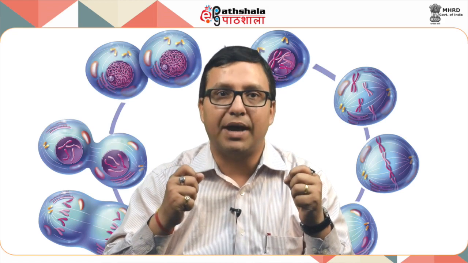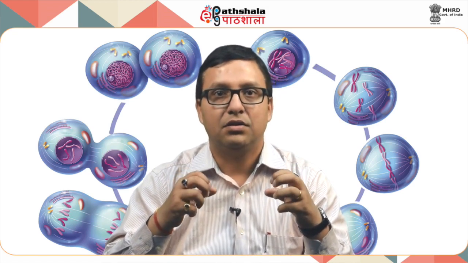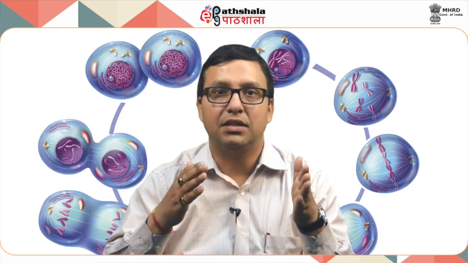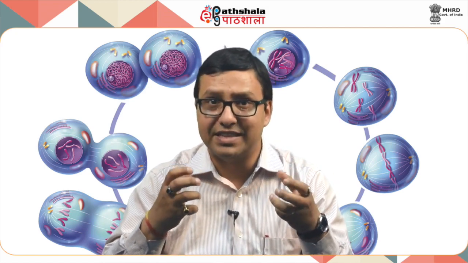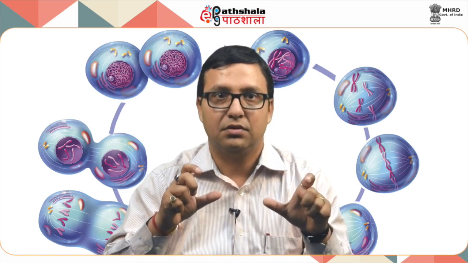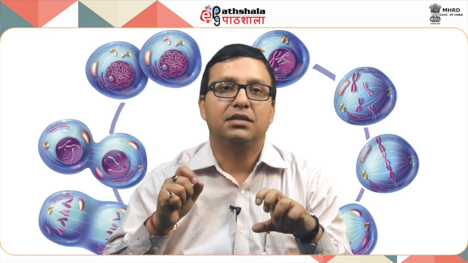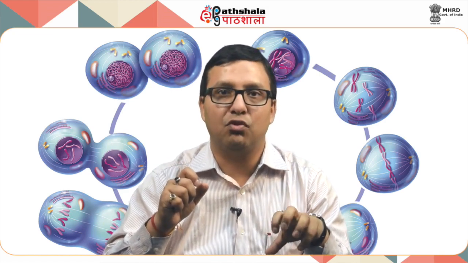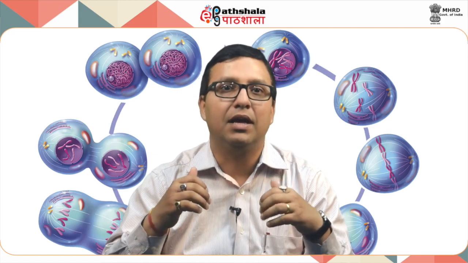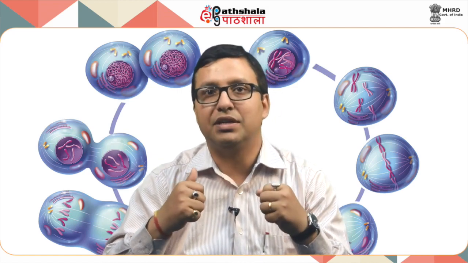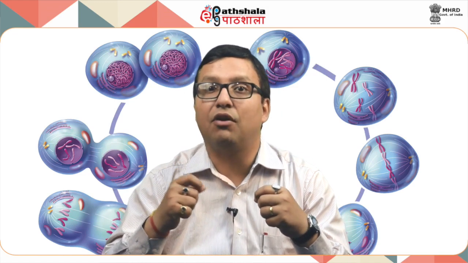These changes in microtubule length are thought to be governed by differences in pulling force, or you can say tension, on the two sister kinetochores. Shortening and elongation of microtubules occur primarily by loss or gain of subunits at the plus end of the microtubule.